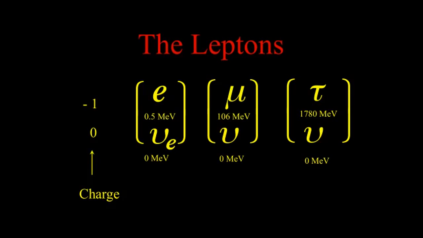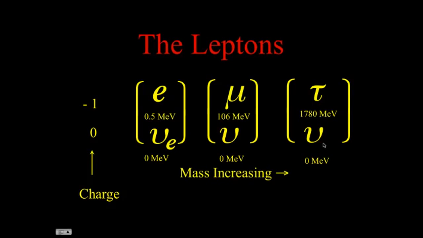These other two neutrinos that appear beneath the muon and the tau also get a subscript, and instead of being called the electron neutrino, this is called the muon neutrino, so we often put a little sub-mu next to this middle column, and we often put a subscript tau to refer to the third neutrino.